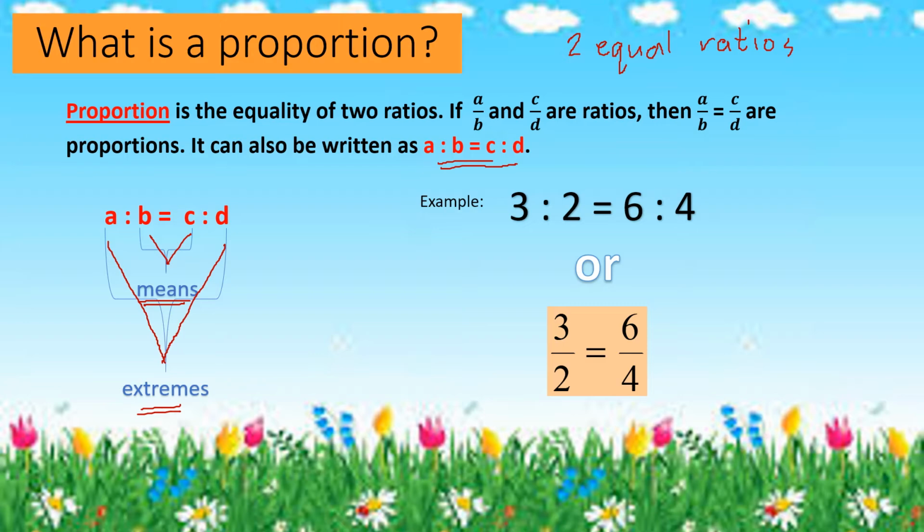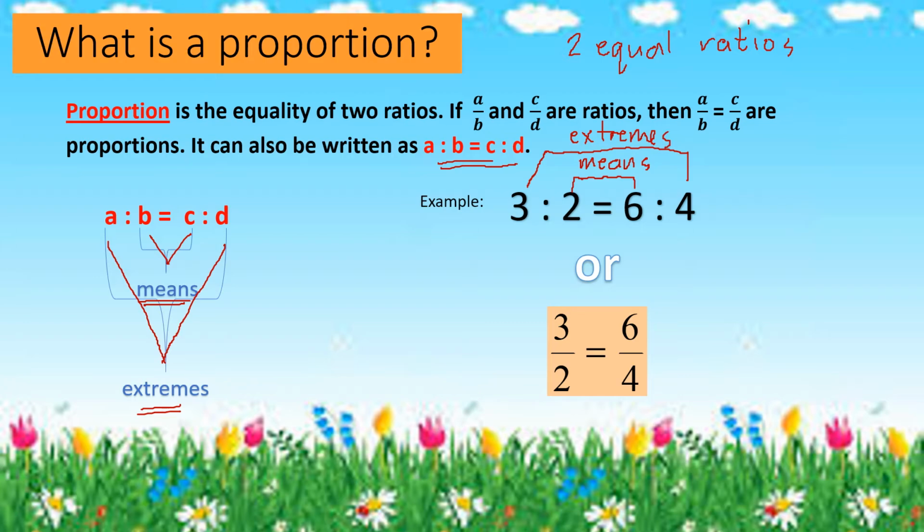So say for example, we have the proportion 3:2 is equal to 6 is to 4. Now, the inner terms, or the second and third term, are the means, 2 and 6, while the first and fourth term, or the outer terms, 3 and 4, are the extremes.